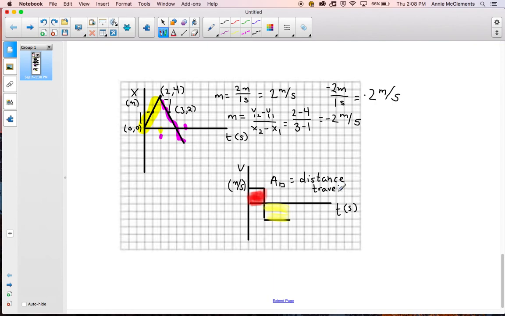right? So in this case, right, our starting position is the origin, 0, 0, right? Our starting position, our x initial, would be 0, and our x final, right, at the end of our graph is right over here. So trace that over, it is negative 2.